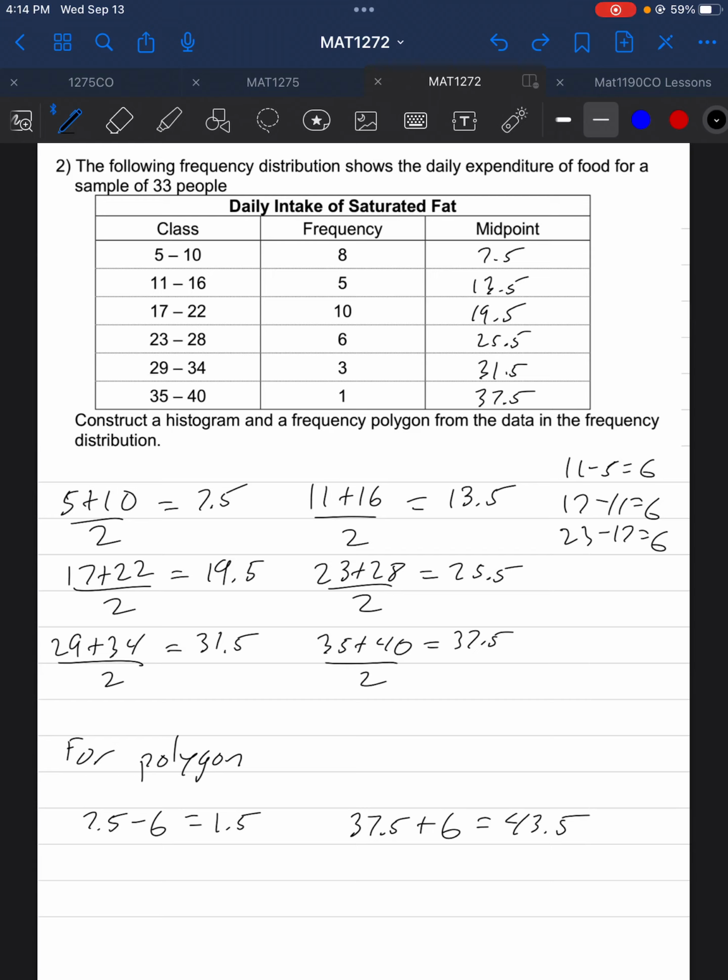Because that is what we're going to need in order to find the alternate endpoints, one lower than the first midpoint, one higher than the last midpoint, in order to fill out our frequency polygon. So 7.5 minus 6 is 1.5. 37.5 plus 6 is 43.5, right? And that is done by identifying and calculating the class width based on the classes given to us.